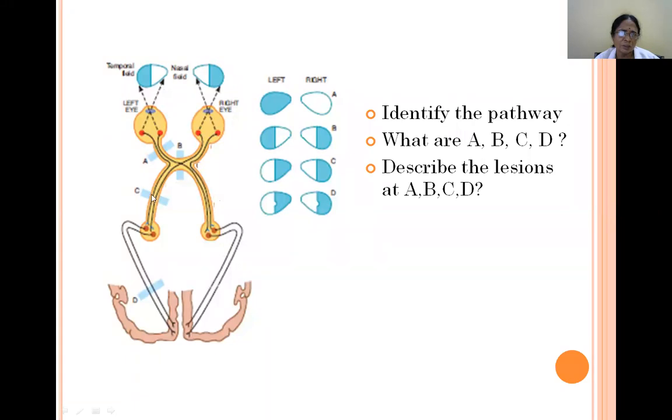Therefore, when there is a lesion in the center region, we get a bitemporal hemianopia. Hemi means half of the eye lost. Anopia means blindness. Since both the temporal regions have been lost, we call it bitemporal hemianopia.